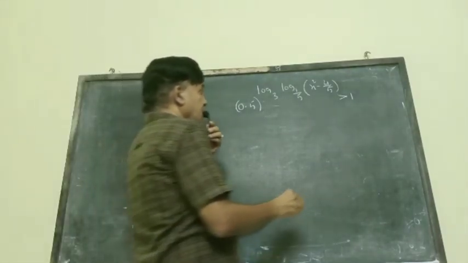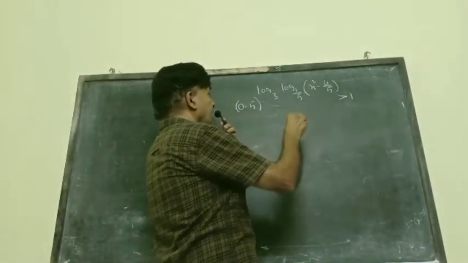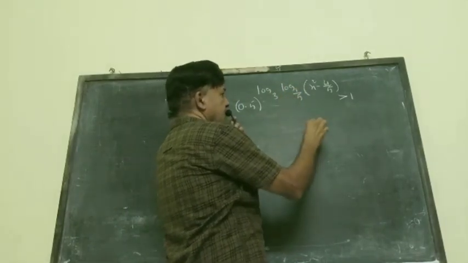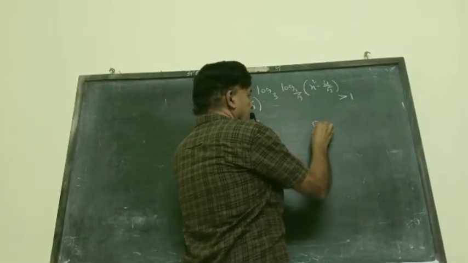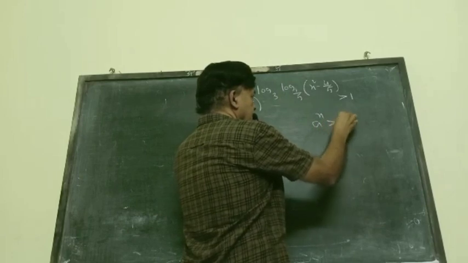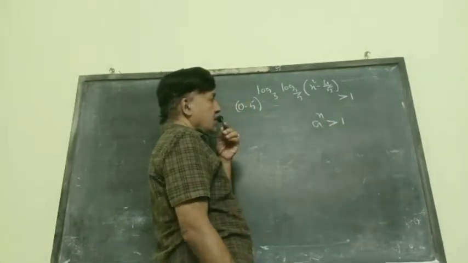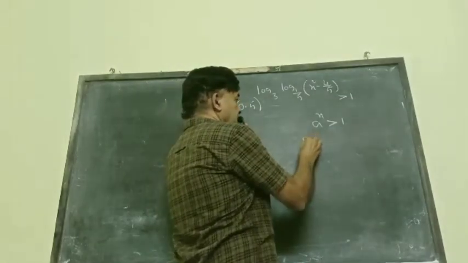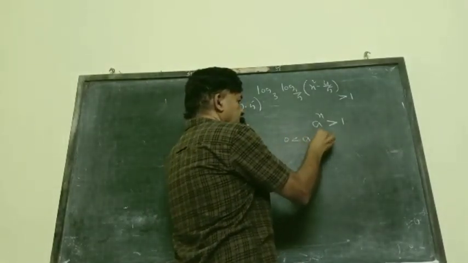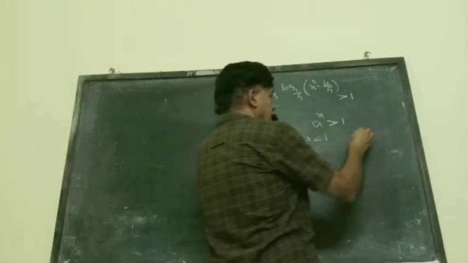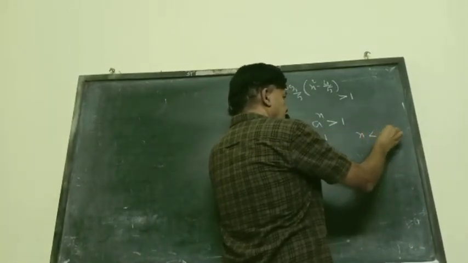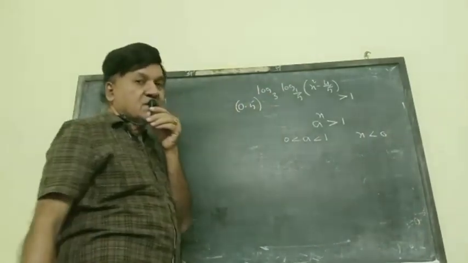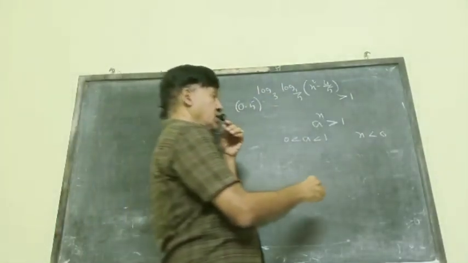See, first of all, listen, we will see the domain later. First we will look at this concept. A power x is greater than 1. See, if a value lies between 0 and 1, then x must be less than 0, then only it is possible. I'll give you an example.